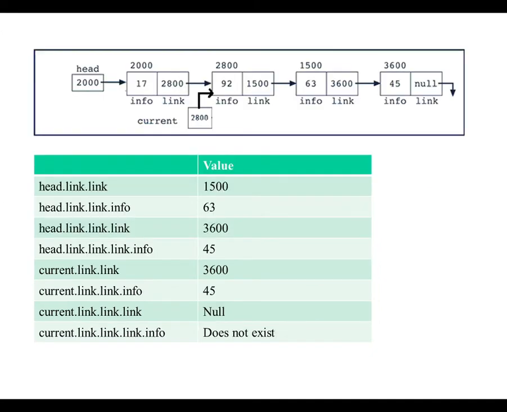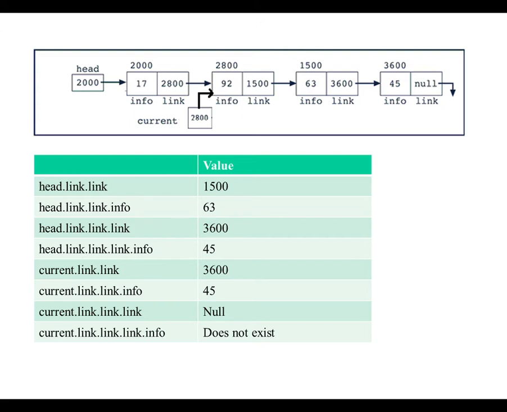Finally, in this table, we show the value of some other reference variables and nodes of the linked list in this figure. Head.link.link is 1500. Head.link.link.info is 63.